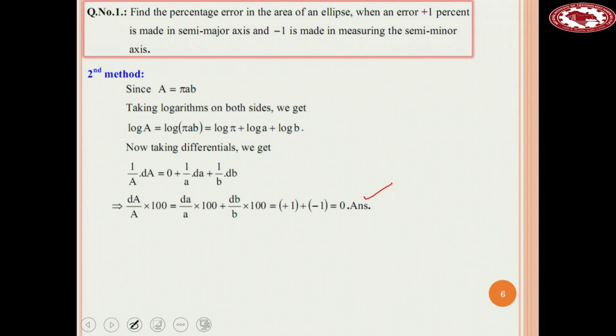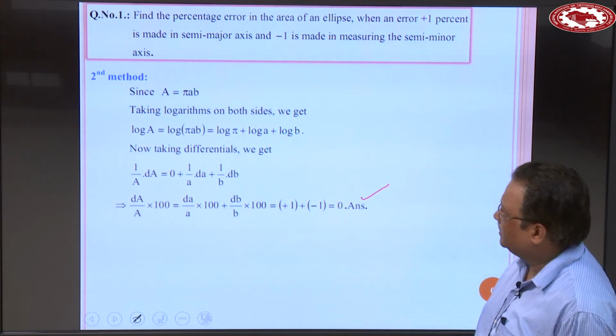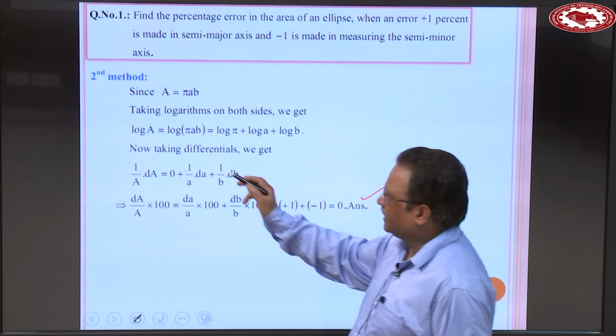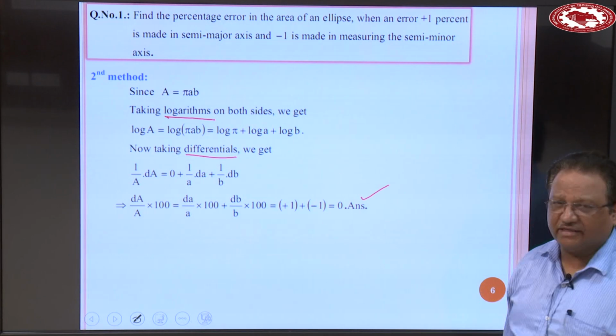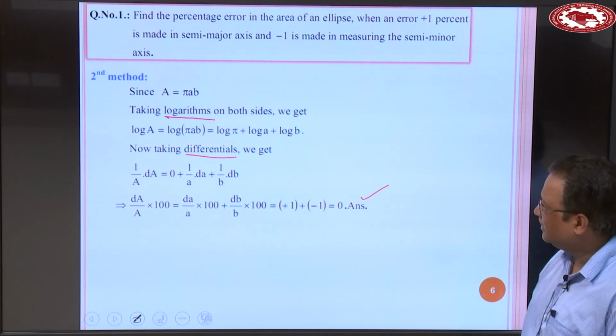So, this method is very, very simple. Okay. First write the relation and take the differential, or take the log and then take the differential, and then solve and simplify. We obtain the required result.